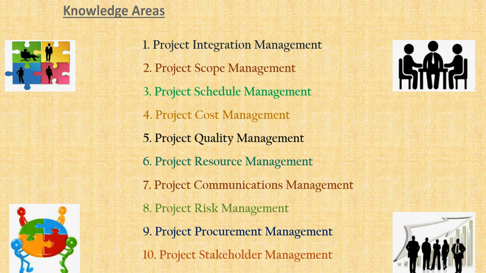All knowledge areas will be there in the project, and the only thing you need to understand is, whenever you are talking about some process, under which knowledge area this process is grouped. Many PMP aspirants make this mistake.